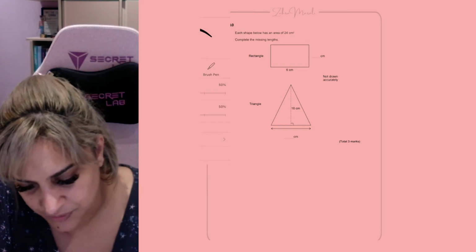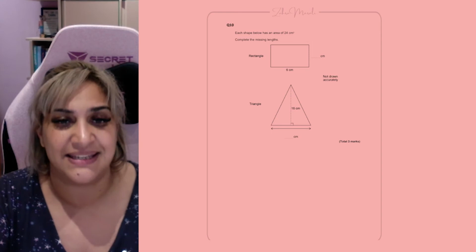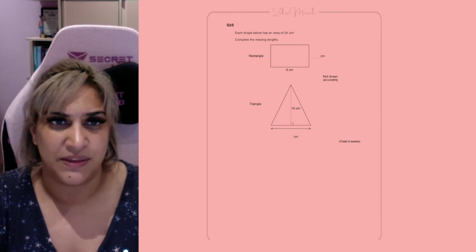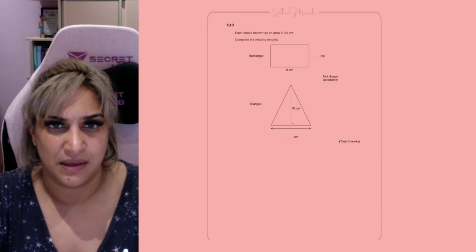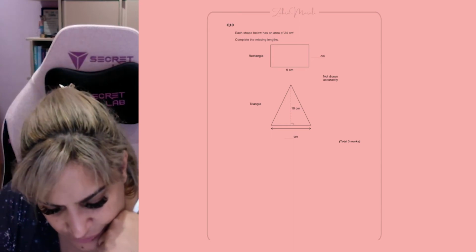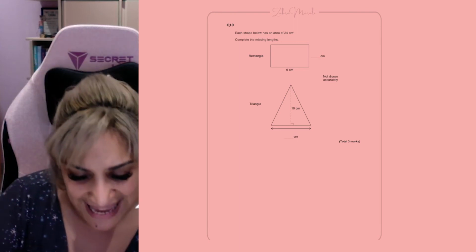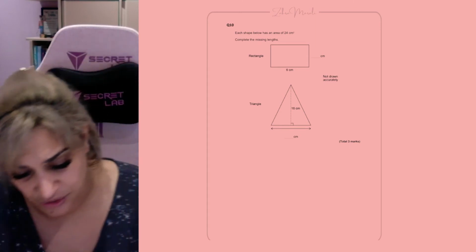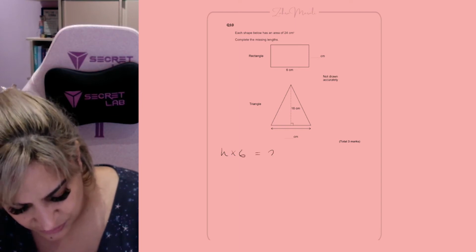Okay, so now we've got each shape has an area of 24. So we're thinking about the different areas, and you've got to figure out the missing length. So for a rectangle, the area is the base times the height. So we know that the height times 6 equals 24.